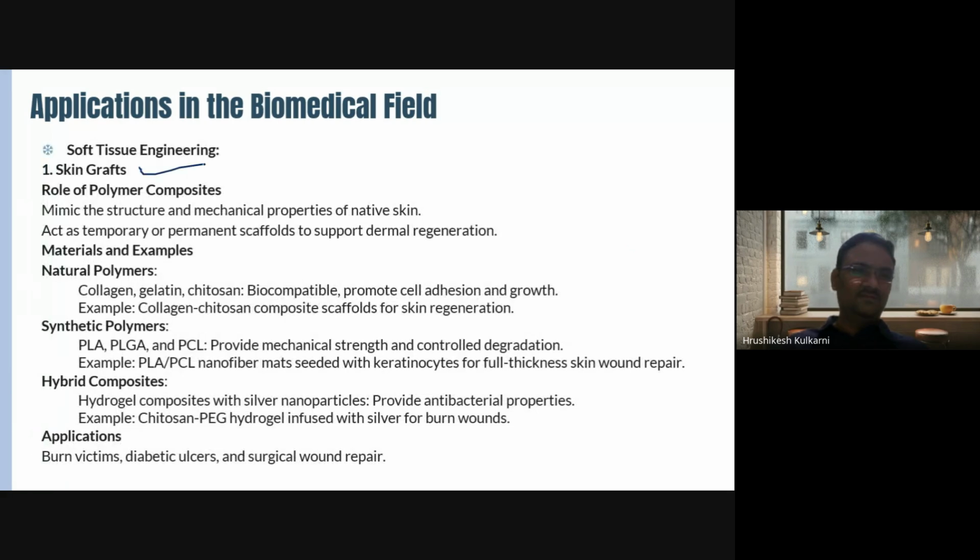Next, skin graft. In soft tissue engineering, now many people are going for their skin surgery because of accidents, their skin gets damaged or scars are there on the body, so they can go for such kind of surgeries. And there are many natural polymers, synthetic and hybrid polymers. Examples are a burn victim, diabetic ulcer, surgical wound repair. So these problems can be easily solved with the help of soft tissue engineering.